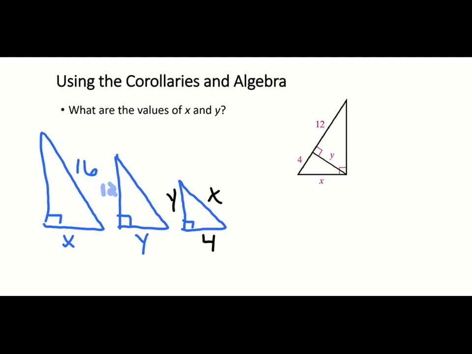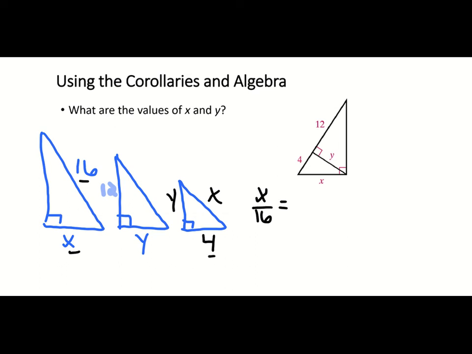Let's start with x. So on my big triangle, I know I have the ratio of the short leg to the hypotenuse. So short leg to hypotenuse would be x over 16. And then we'll go to the triangle where we know both those measurements again. So it's the small one.